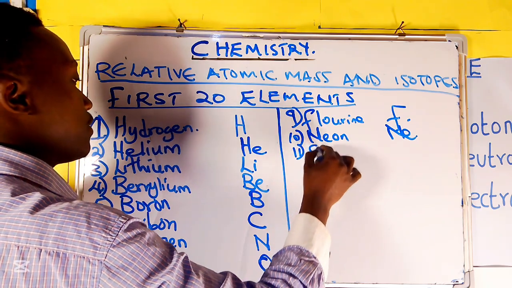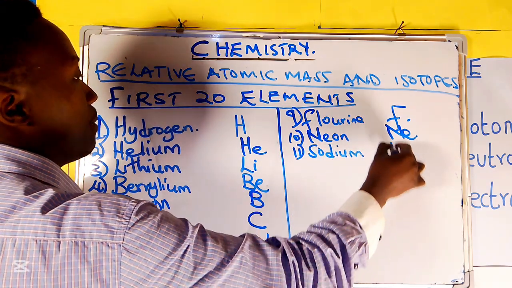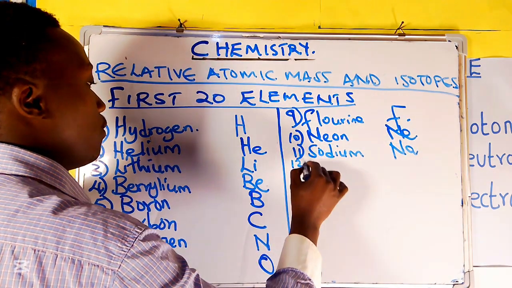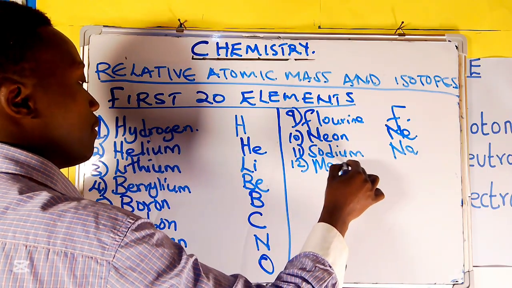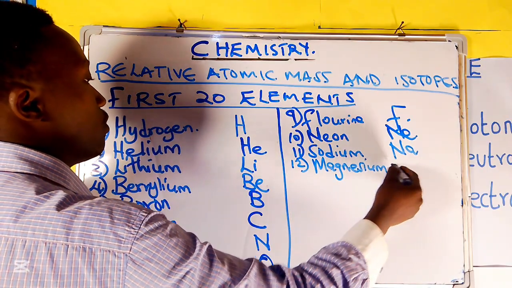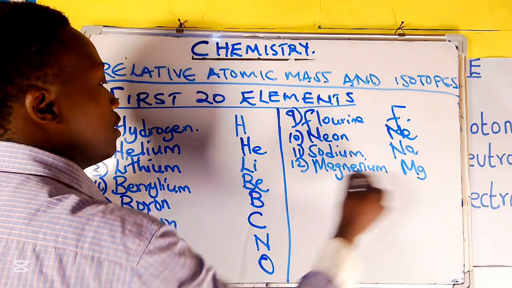Number 11 we have sodium. Sodium is Na. 12 we have magnesium. Magnesium is Mg.